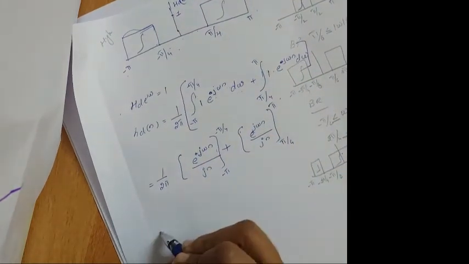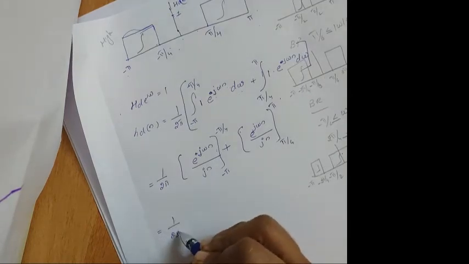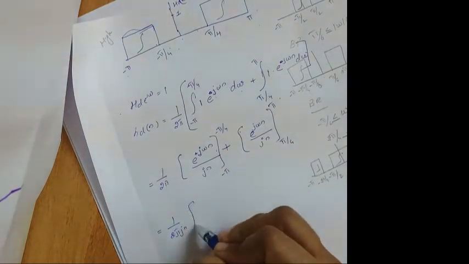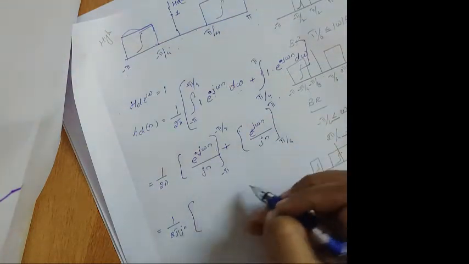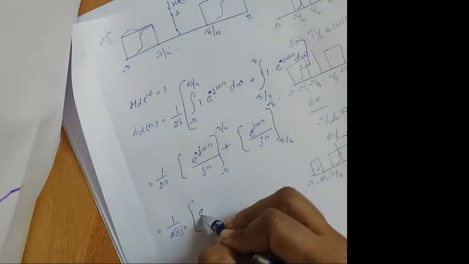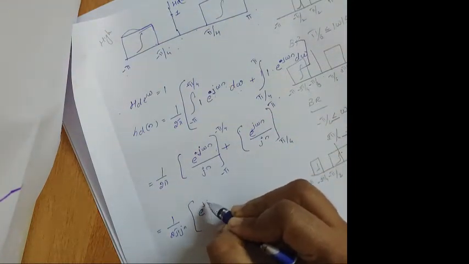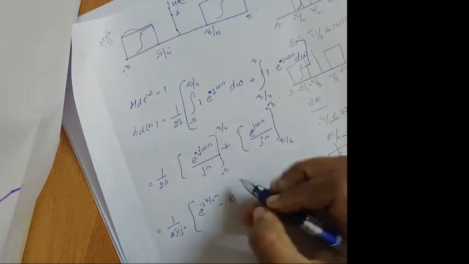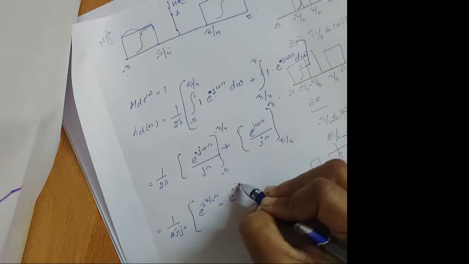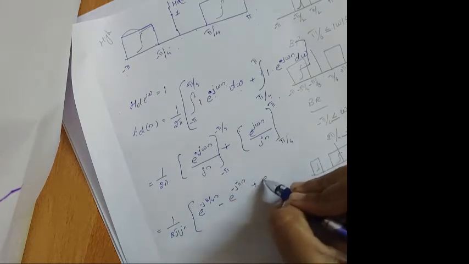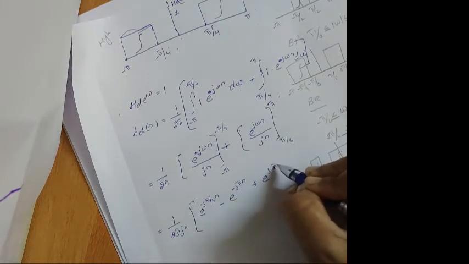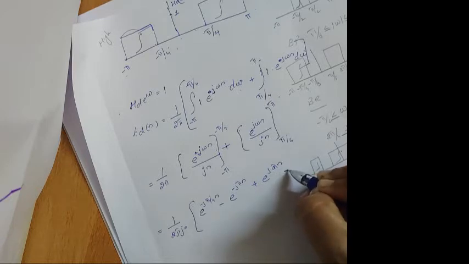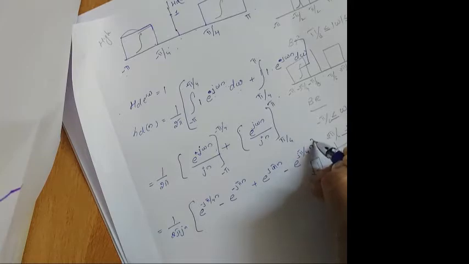Okay, so that is equal to 1 by 2 pi j n. You're taking it outside, you are applying the limit, upper limit minus lower limit, you will get e raised to minus j pi by 4 n minus e raised to minus j pi n plus e raised to j pi n minus e raised to j pi by 4 n.